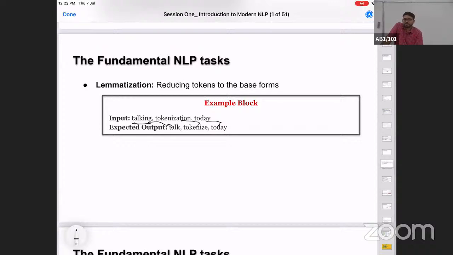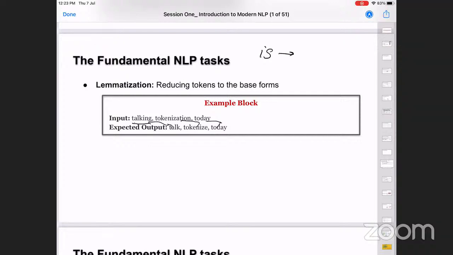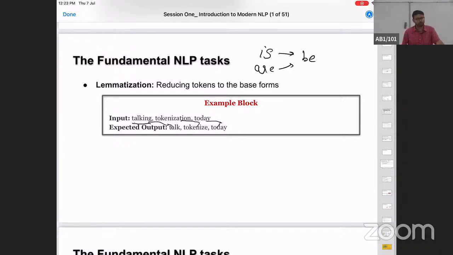These are their base forms. What is the base form of is? B. The base form of is, are, is be.